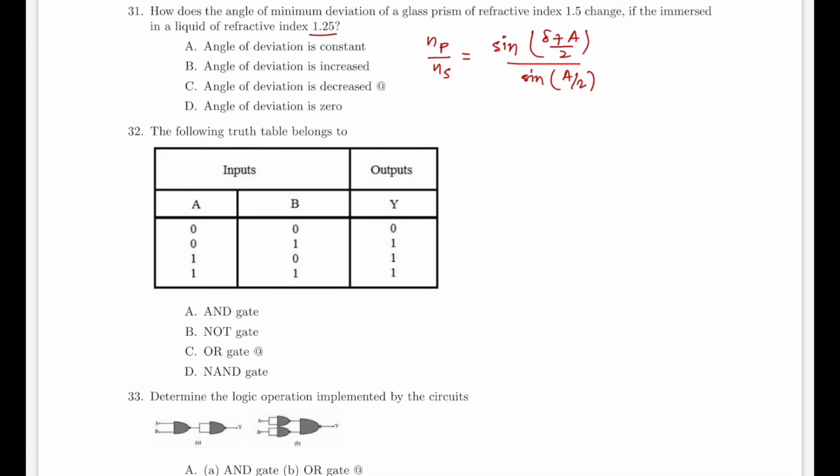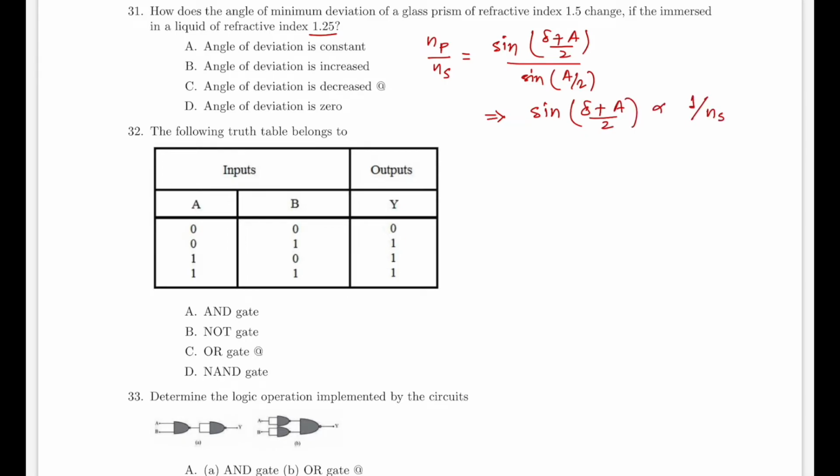So A is going to remain the same when you immerse in the liquid, and you can write then sine (delta plus A) by 2 is proportional to 1 by n surrounding.